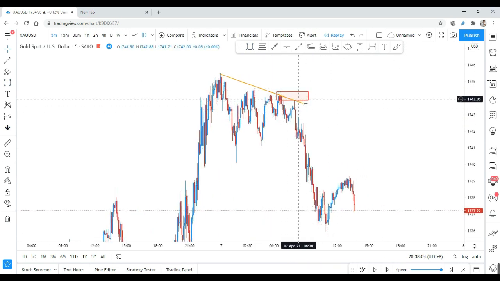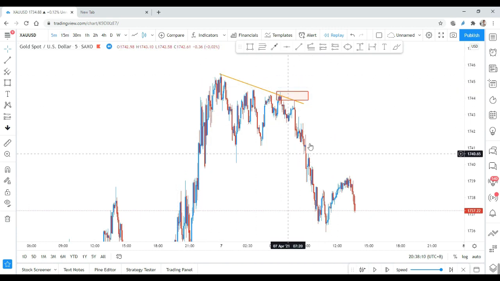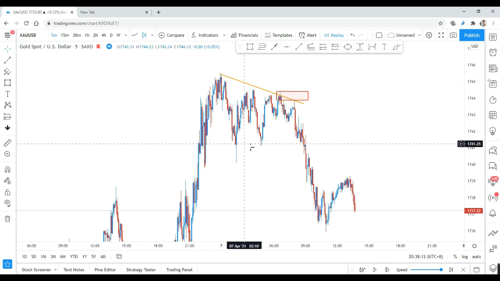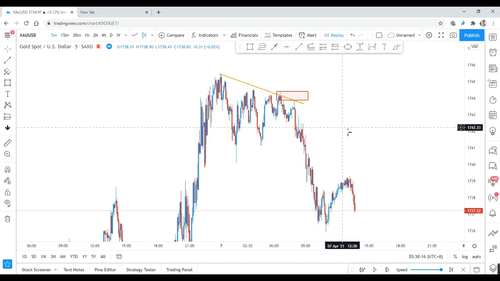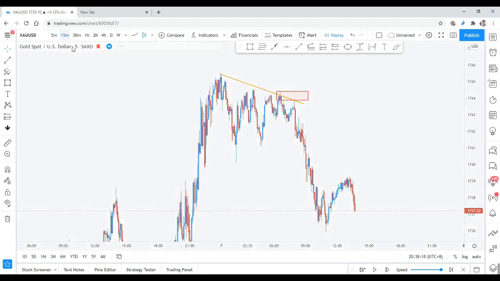A lot of people are afraid of this kind of pattern, or do not know the confirmation of what is going to happen. So let me tell you a big secret of how I trade it.